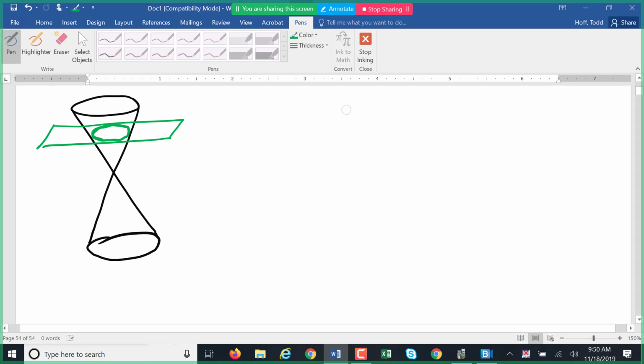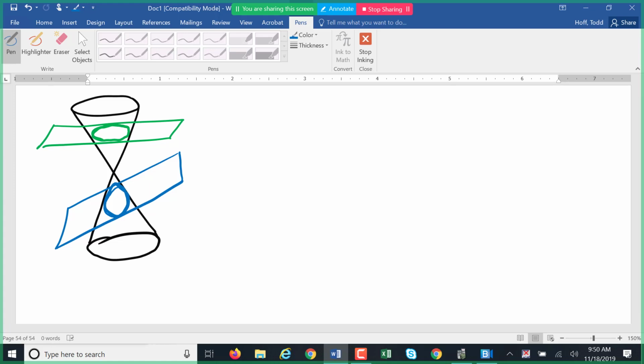The ellipses that we did were created by a plane that intersects at an angle. So you can see the shape that that's going to cut out is going to be an ellipse. It's going to be elongated according to the angle of that plane. The steeper the plane, the more it's elongated.